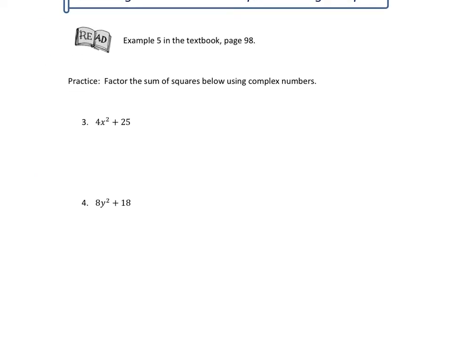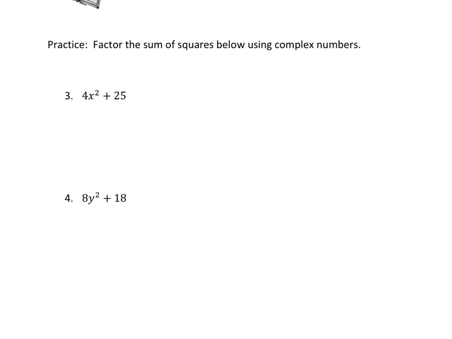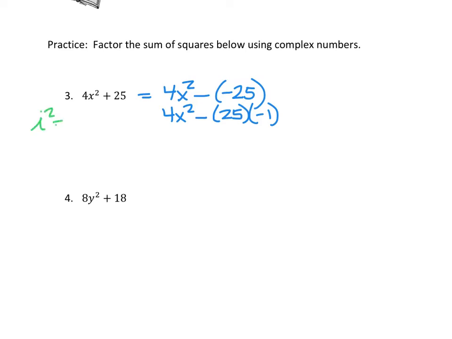So we're going to use our knowledge of imaginary numbers and i squared to rewrite this. So I'm going to rewrite this as 4x squared minus a negative 25. Now subtracting a negative number is the same thing as addition. And I'm going to rewrite that negative 25 as 25 times a negative 1. We know from our knowledge of imaginary numbers that i squared equals negative 1.